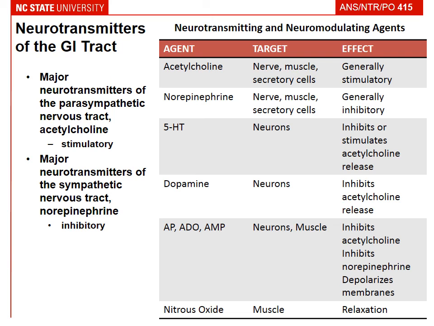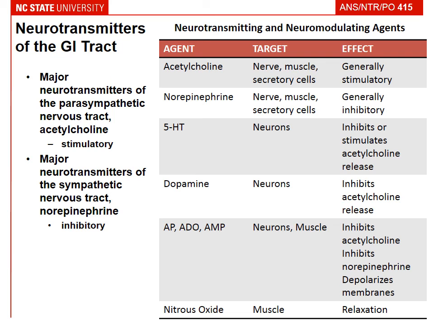So here are some of the neurotransmitters, and we have this first portion, major neurotransmitters of the parasympathetic. This is acetylcholine, which is stimulatory, and this is supposed to say sympathetic, not parasympathetic. I'm sorry, I thought I fixed that.